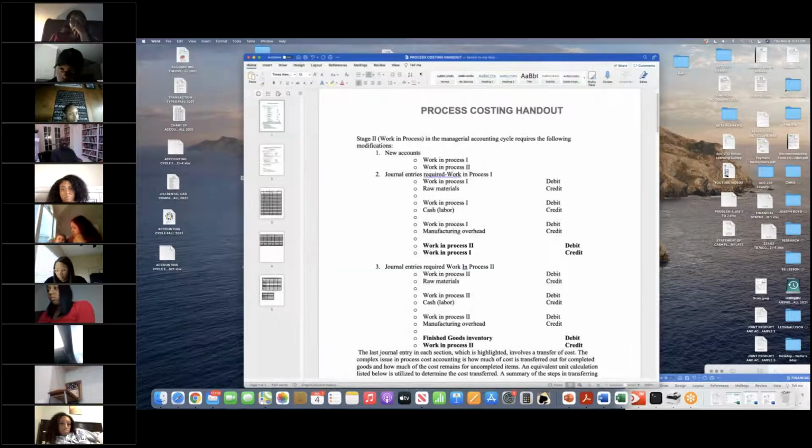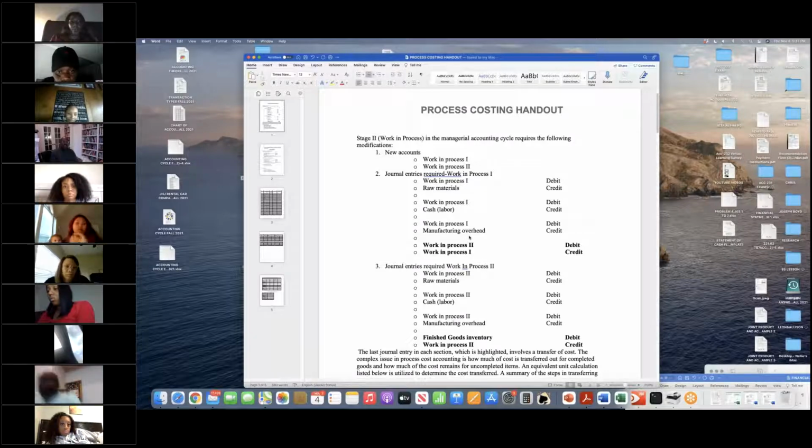So everybody should have this process costing handout available. And in process costing, we said the difference is we've got one product, but we have costs that we accumulated in work in process one, and then we have costs that we accumulated in work in process two, and it could be many more than that, but we're just simply working with two.